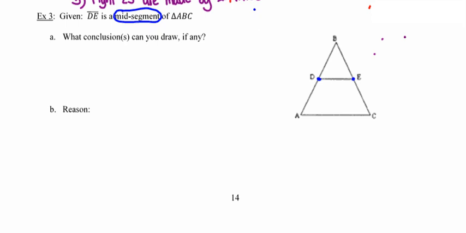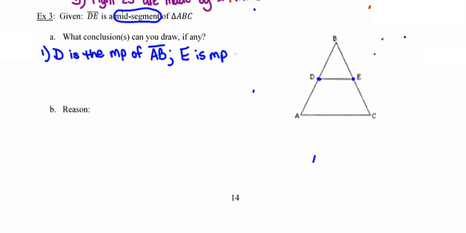It joins midpoints of any two sides. So I know that D is the midpoint of side AB, and also, E is the midpoint of side BC.